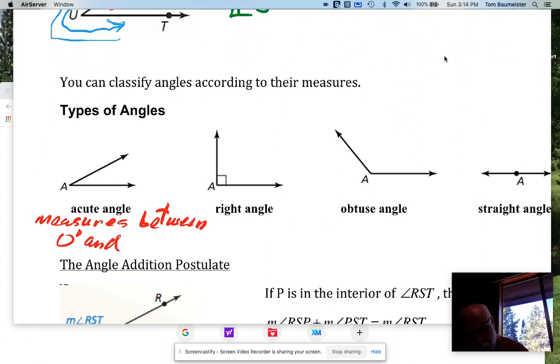It can't be exactly 90 degrees. If it was exactly 90 degrees, you'd have a little box there, and that means it's exactly 90 degrees. So a right angle is always 90 degrees.